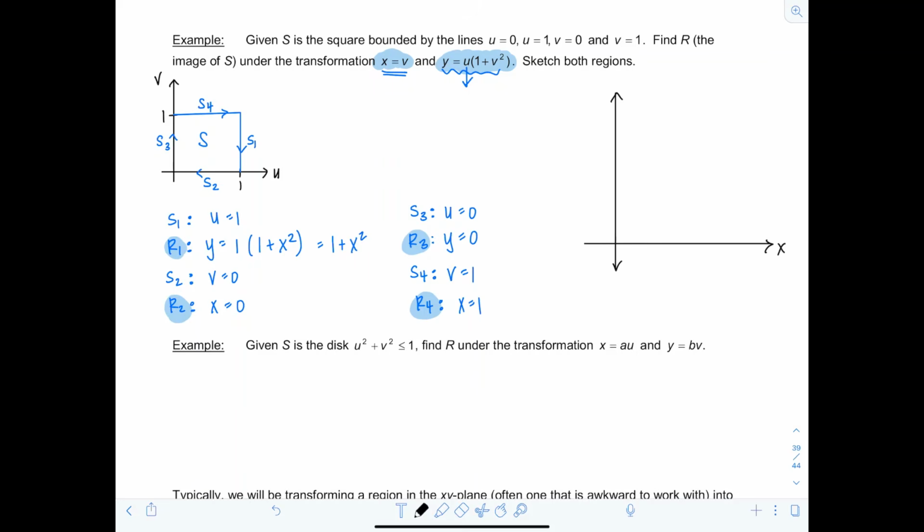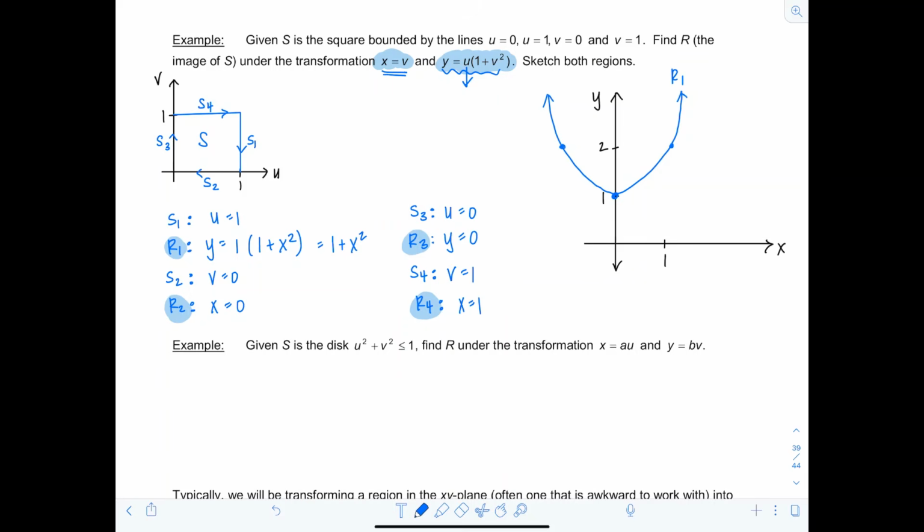So here's my x-axis, here's my y-axis. I'll say this is 1, this is 2, and this is 1 as well. All right, so let's draw our parabola. Let's go in order. So R1, parabola opening upward. That looks beautiful. So this is R1.